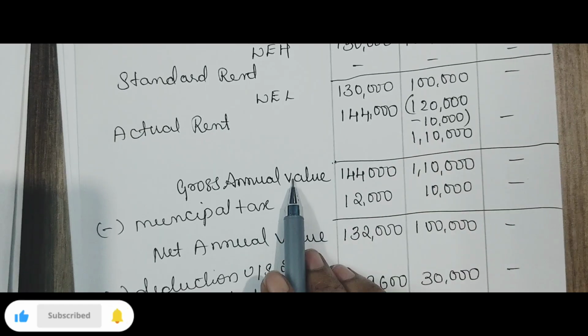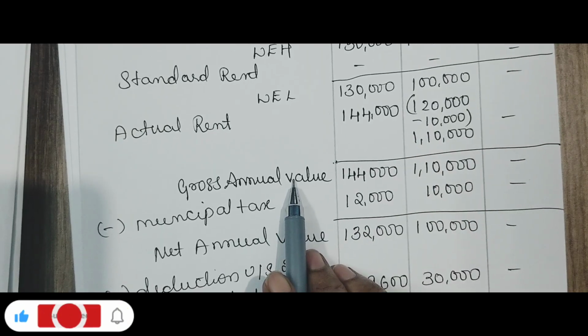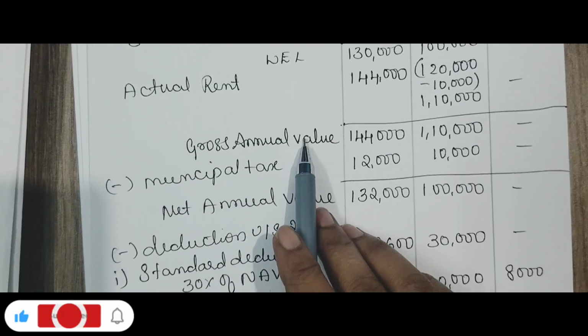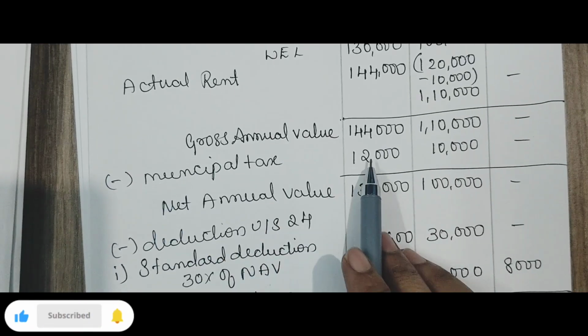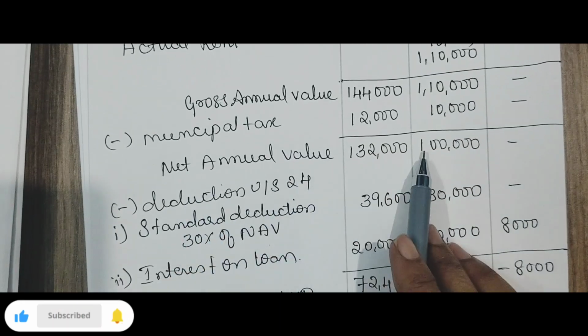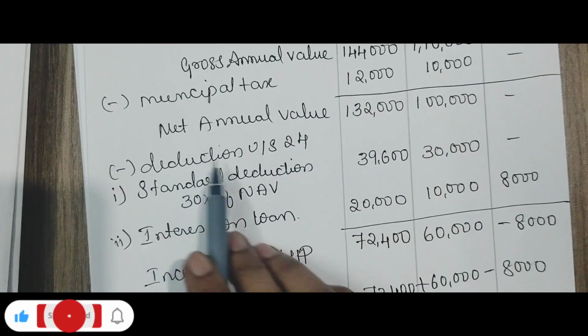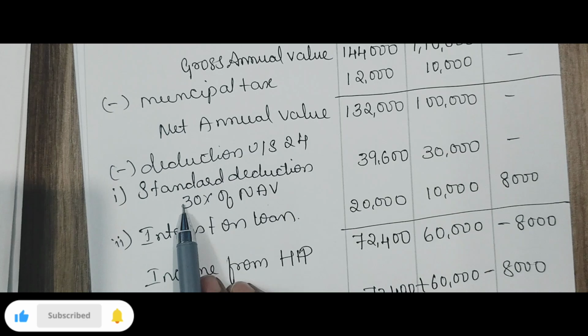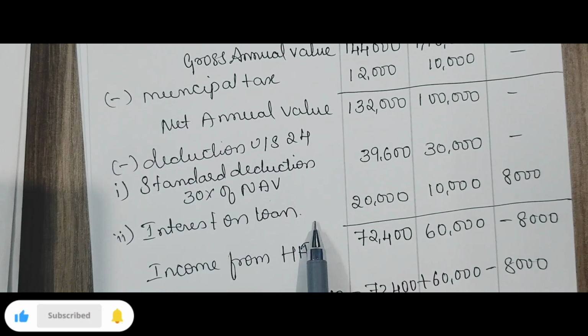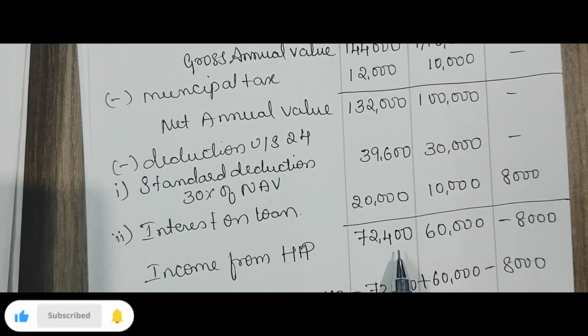Then you get the gross annual value, whichever is higher. If any vacancy period is there, it should be deducted. Then minus the municipal tax paid by the owner, and you get the net annual value. After this, the deduction under section 24: the first is the standard deduction, 30% of NAV. Then interest on loan. If you deduct these, you will get income from house property.